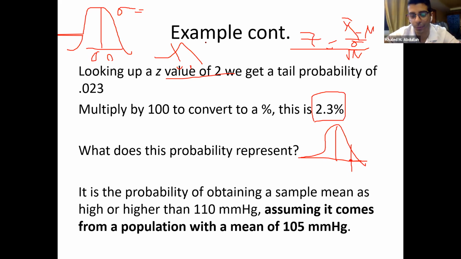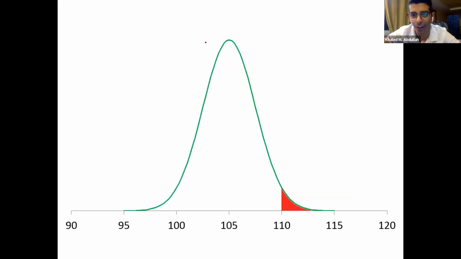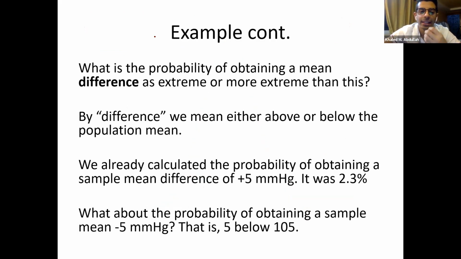I doubt he'll ask it to you, because this is the lecture after, not this lecture. The entire idea is that the first assumption we make is that this sample came from this population, right?